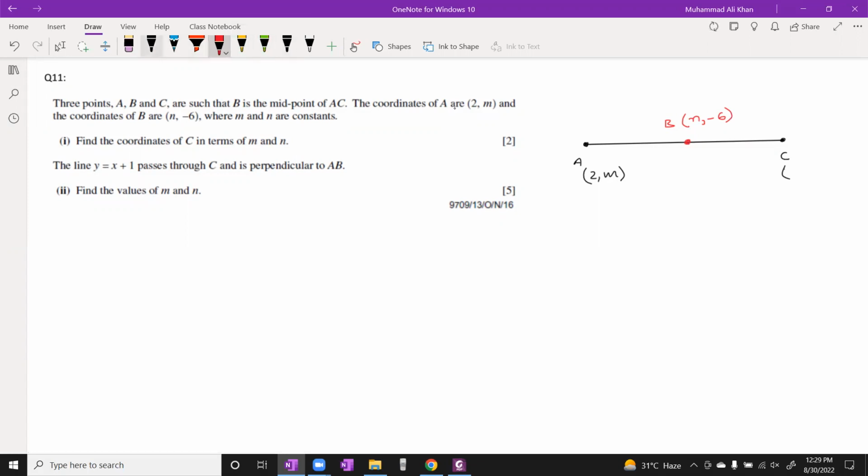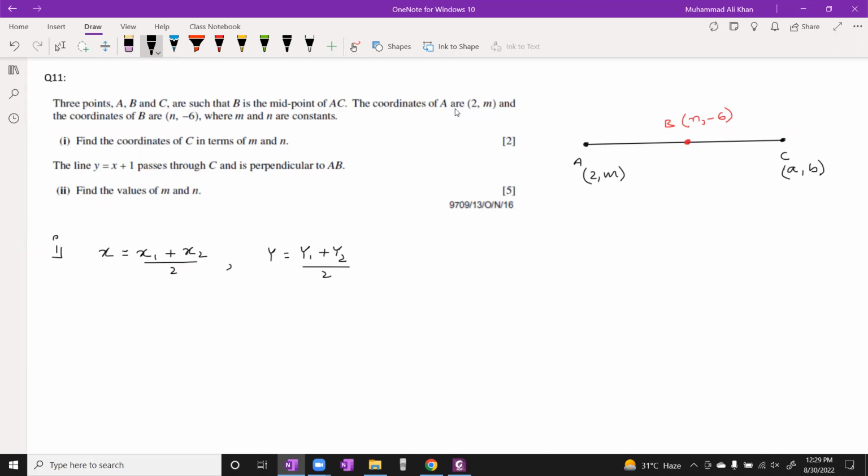So let's say the coordinate of C are a and b. Okay, stop working. Just look at the board. The first part is very simple. By using the formula of midpoint, x equals x1 plus x2 divided by 2, and y equals y1 plus y2 upon 2.